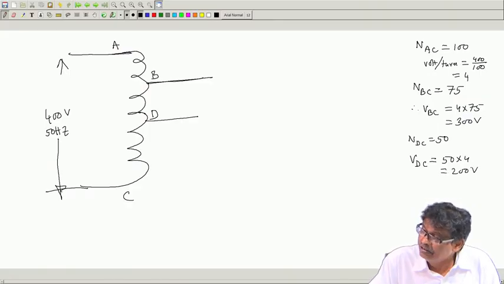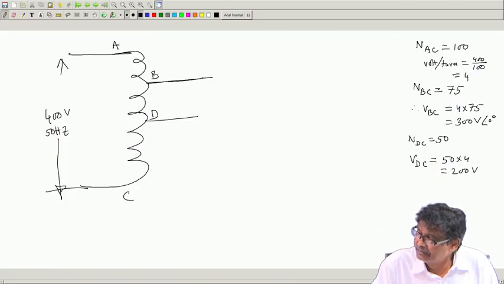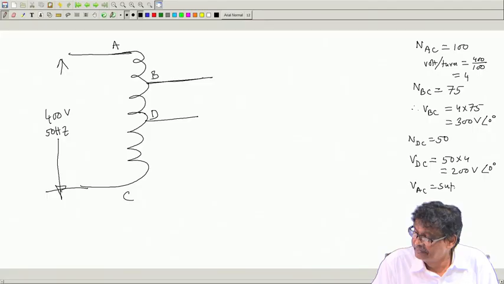And mind you, all these voltages are in phase. This is 0 degree, this is 0 degree, and your supply voltage V_AC is also 400 volt 0 degree. That is the thing.